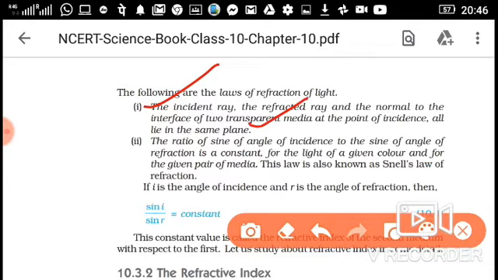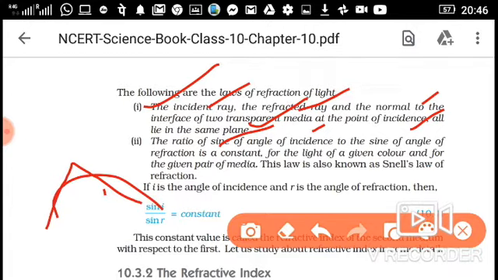This is the same point as in reflection. Incident ray, refracted ray and normal to the interface of two transparent media all lie in the same plane. All lie in the same plane means like this, this line should not be lifted. This is one plane. When you draw the incident and refracted rays on a page, this is one plane.